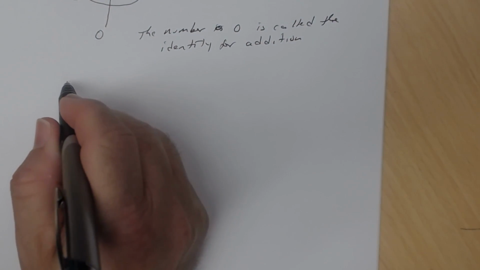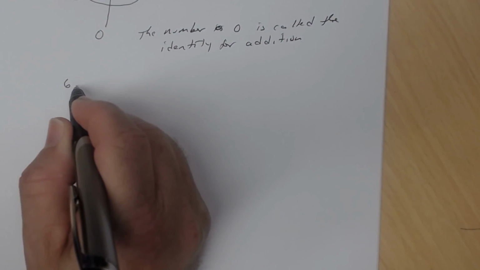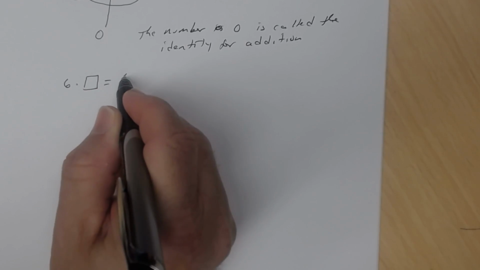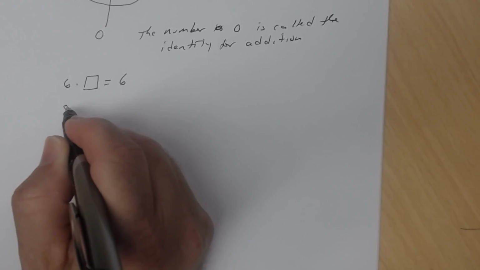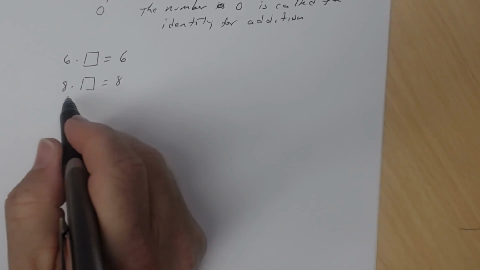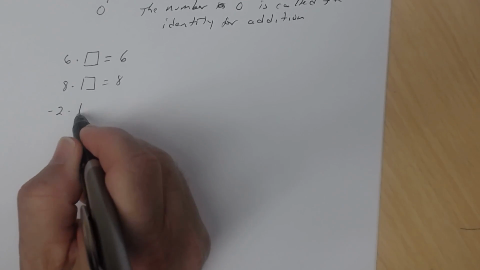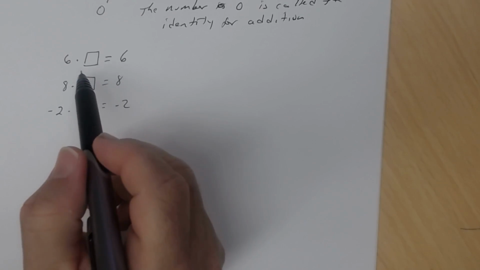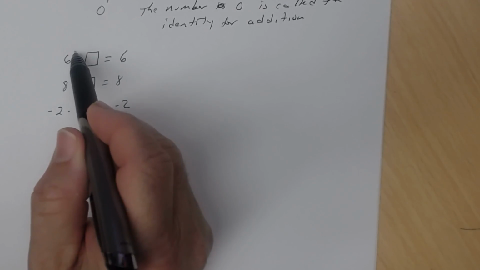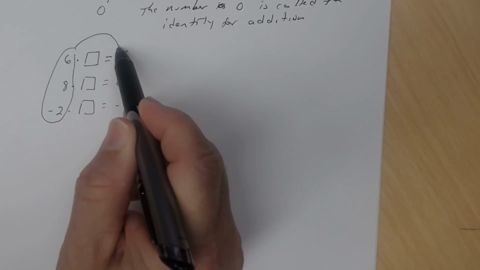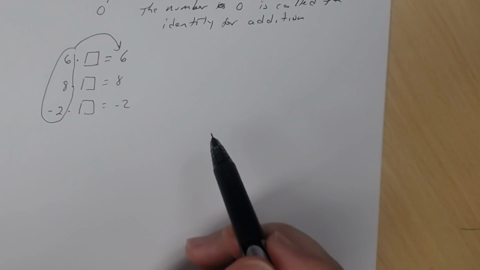Suppose I had 6 times some number equal 6, or 8 times some number equals 8, -2 times some number equals -2. So if you look at what you have here, you want to get the identical number here.